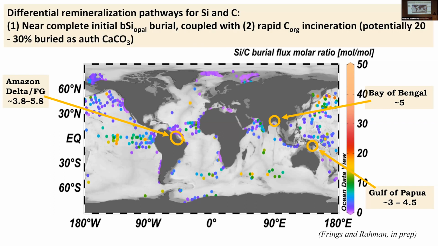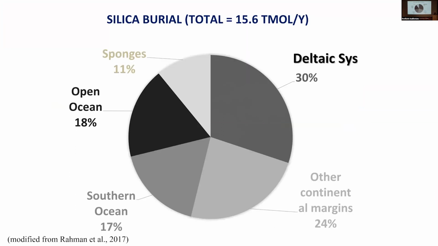So you have these different remineralization pathways that other people have talked about earlier today, where you have almost complete burial of your biogenic silica that's delivered to sediment, but you also at the same time have very rapid organic carbon incineration or respiration, and very little of that organic carbon that's delivered to sediment actually stays in that sediment pile.